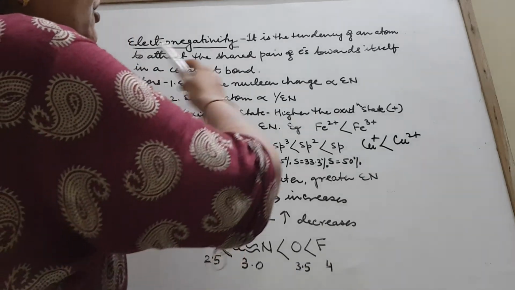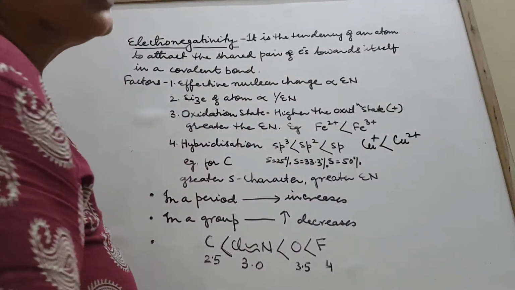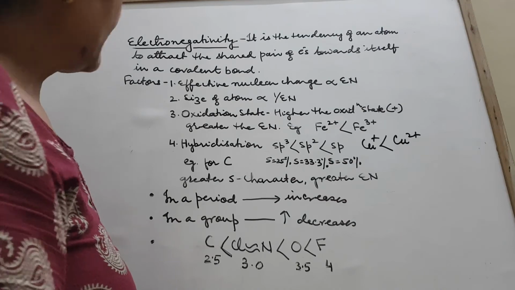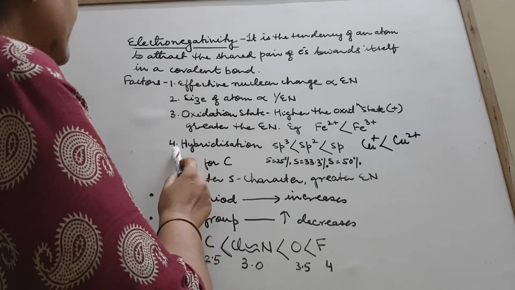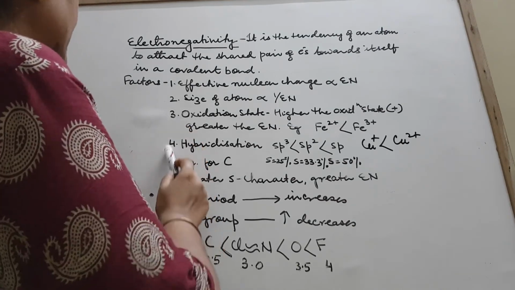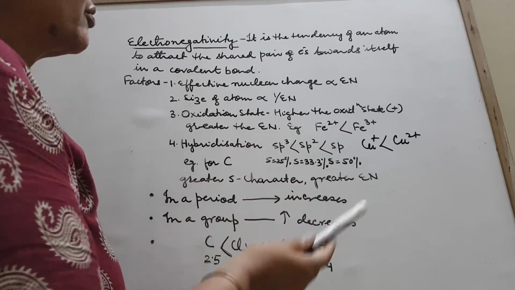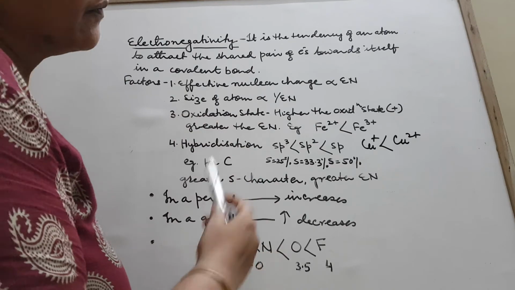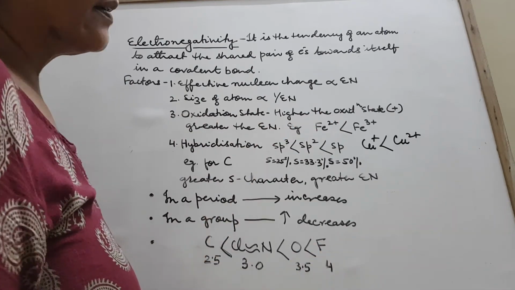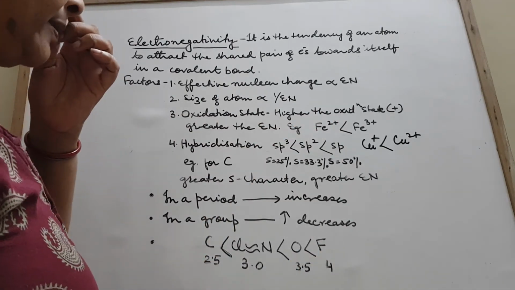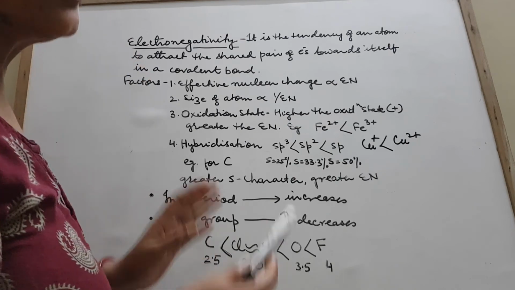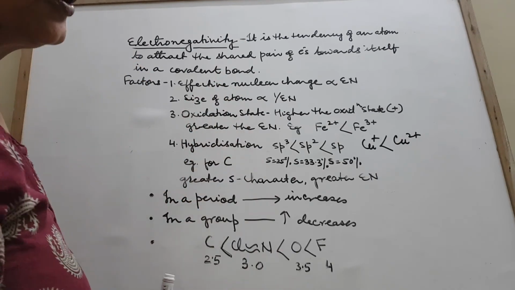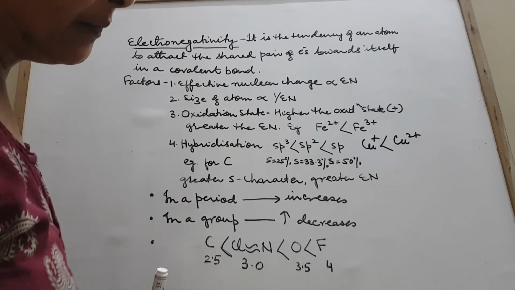These are the points you had to know in short for electronegativity. I know this may not be that clear to you right now, but don't worry, I just gave you the required things at this point of time. The rest we will do when we take up chemical bonding. So I stop here for electronegativity and for this video. Hope things are clear to you. Okay? Thank you, children.